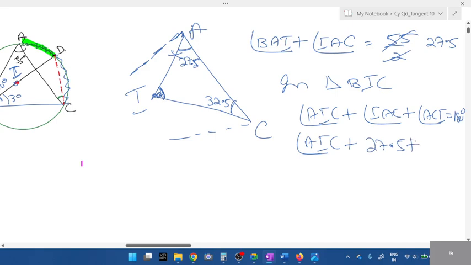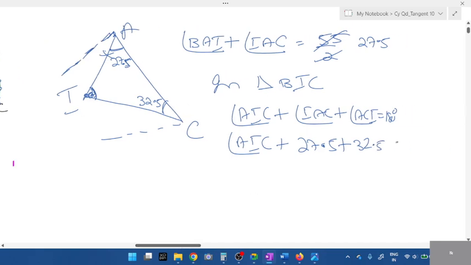Plus what is ACI we got? 32.5 is equal to 180 degrees. Yes, now you all can complete it. So you'll get 30 plus 20, 50, 60. 180 minus 60. Okay. Just check the answer. Abigail, can you just check the answer? Are all the answers correct? This is the incenter concept.